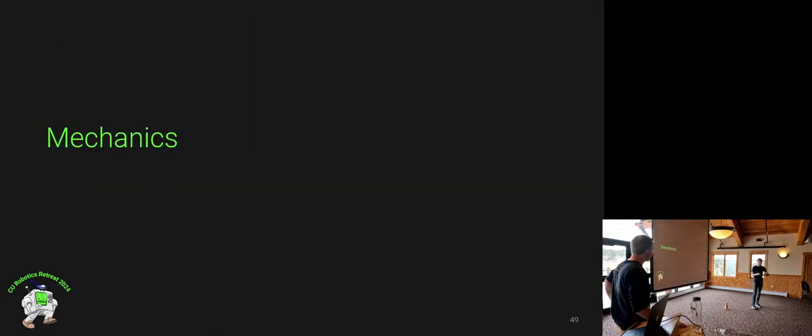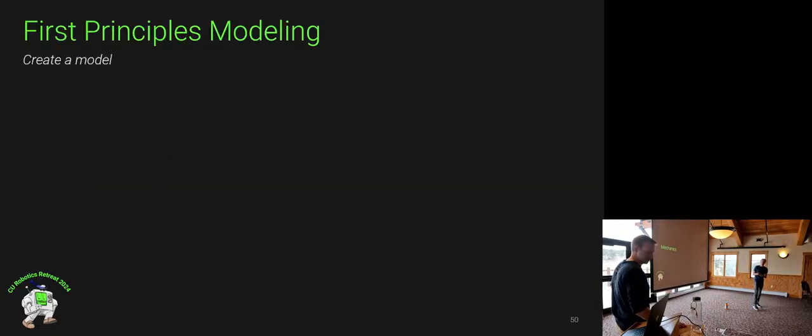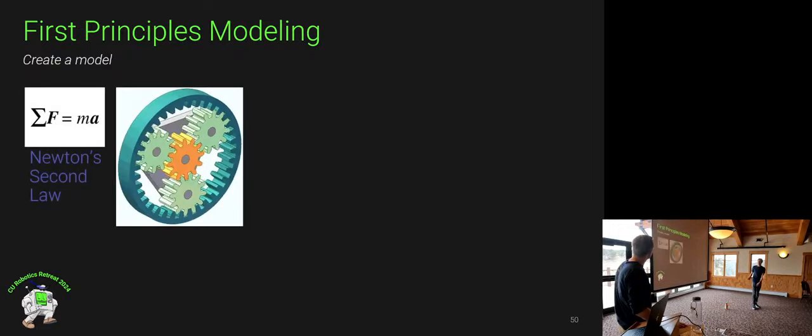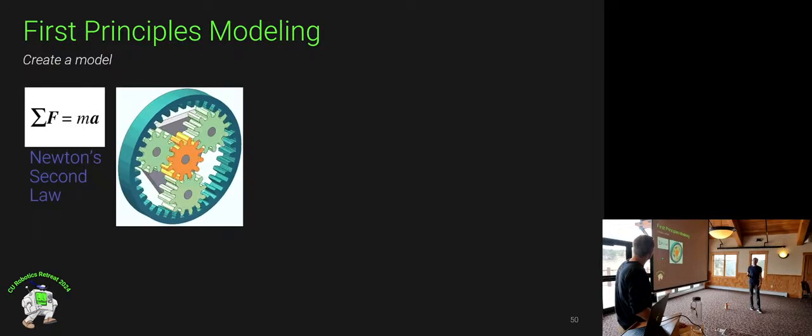This is our last topic: mechanics. This is a very broad topic, so it's less structured than the previous topic. I'll just give some general tips on how to design the mechanics of your robot. One very important thing that people often forget is that you want to create a model for your robot if you can.